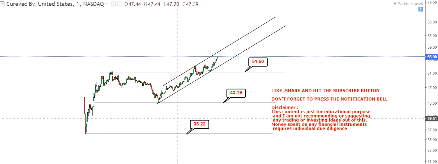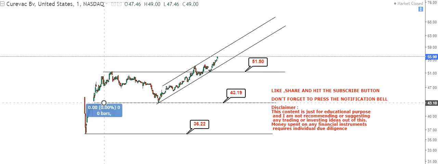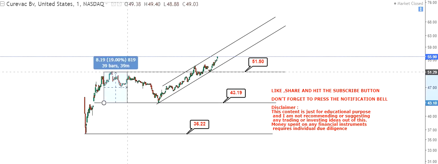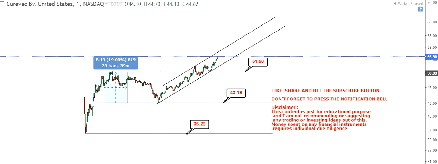Now if the stock is trading above 51, it has broken the resistance of 51, and now 51 becomes a support. Now what should be the next probable target for this particular stock? For this, what we could probably do here is look at the length of this range, which is 19%.